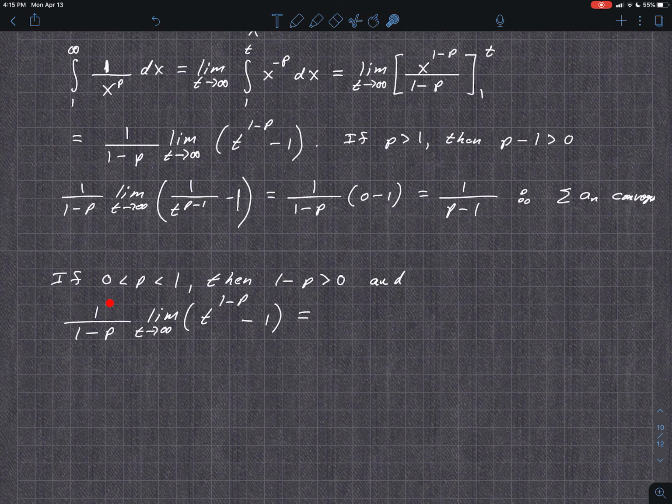In that case, see how this coefficient's kind of irrelevant, whatever happens here. We're looking at this: this whole thing is going to approach infinity, and the minus 1 doesn't matter. So that's equal to infinity. Therefore it diverges.